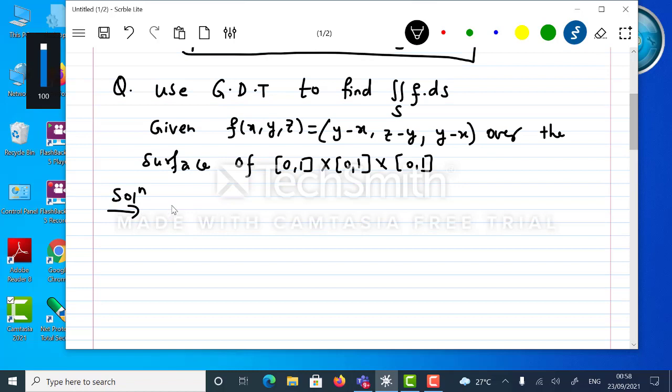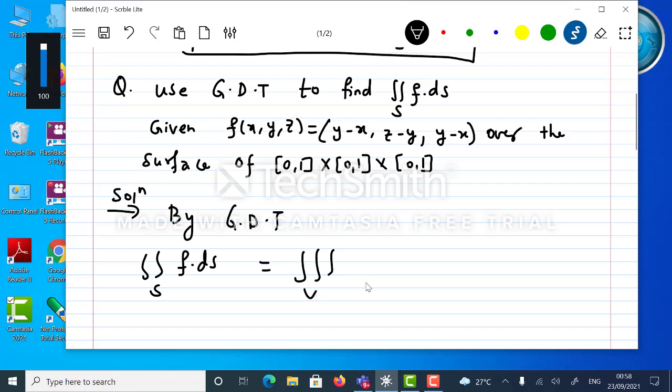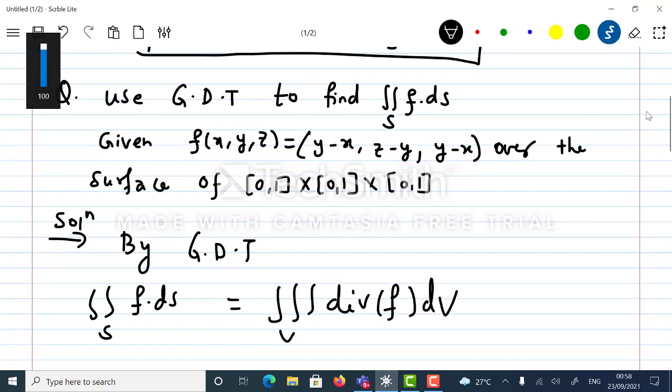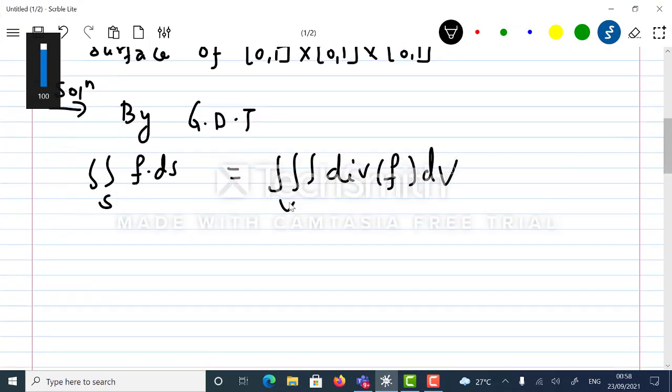By Gauss divergence theorem, the surface integral of f dot dS is the same as the triple integral over V of divergence of f dV. Now how to find divergence of f? Grad dot f is divergence of f.